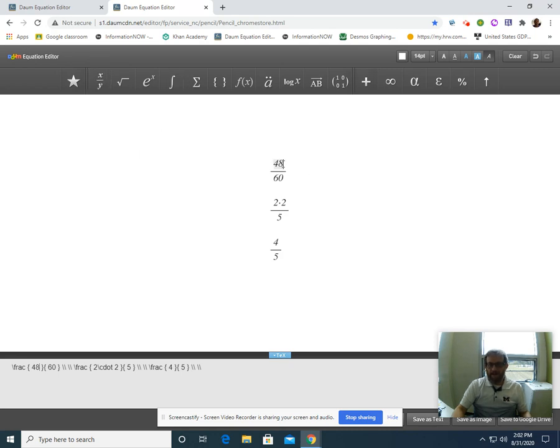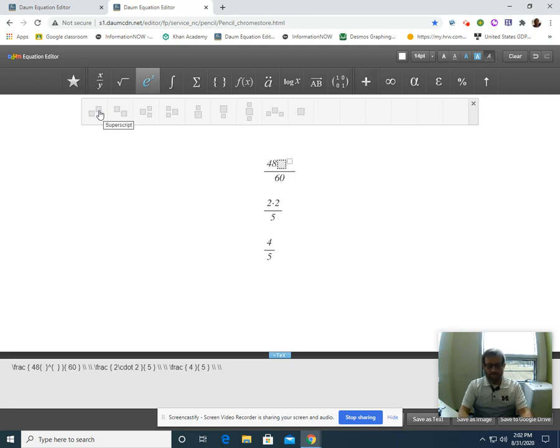Now, had I had variables in here, had I had a to the fifth to the third, and on the bottom I had a to the seventh, and also up here I had, let's say, b to the 11th, and down here I had b to the third.